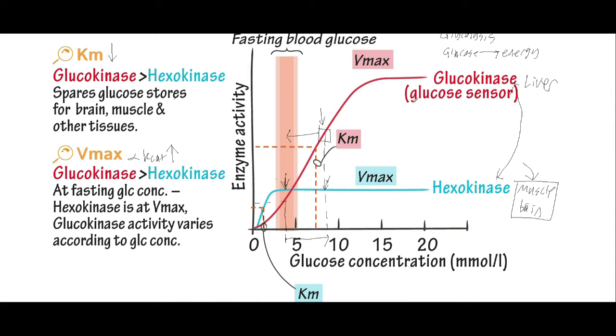This says glucose sensor, and you can see how that's a sensor, where this is very responsive to different concentrations, so it's sensing the concentrations, where this just goes right to its max right away, so we're pretty much always working at the highest capacity here.